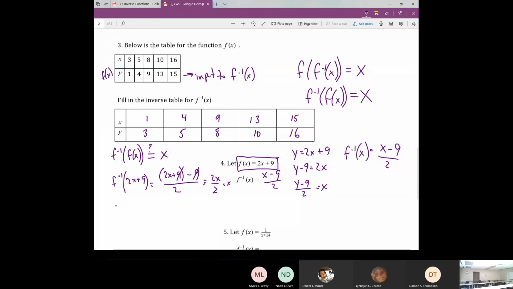Now, just to practice this, let's go the opposite. Let's show that f of f inverse of x, what does that give me? That better give me x. Well, what would that be? Well, 2x plus 9 becomes 2 times this plus 9. 2 times something divided by 2 gives me x minus 9 plus 9.